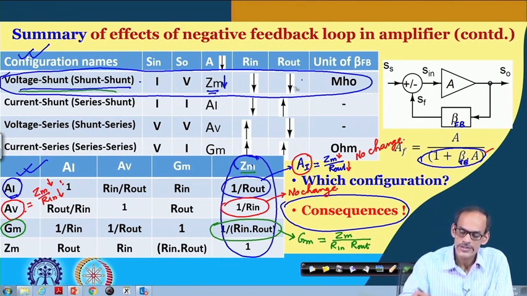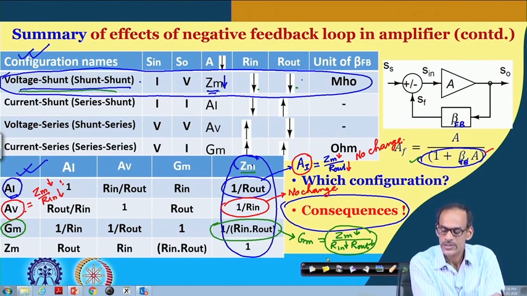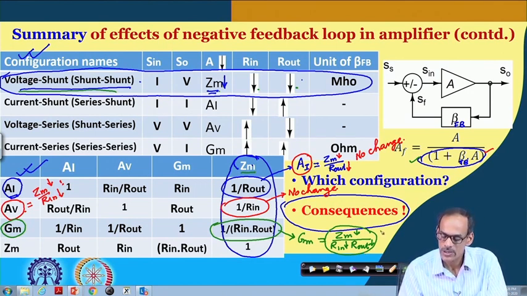As this table suggests, both R in and R out are getting reduced by the same factor, and of course Zm is also getting reduced, but since in the denominator we have two factors, the net effect is that the denominator is getting reduced, which means Gm is getting increased by the desensitization factor.